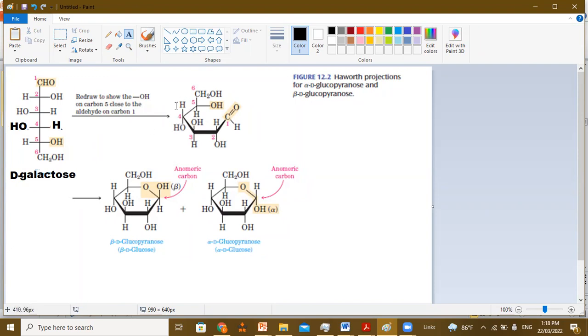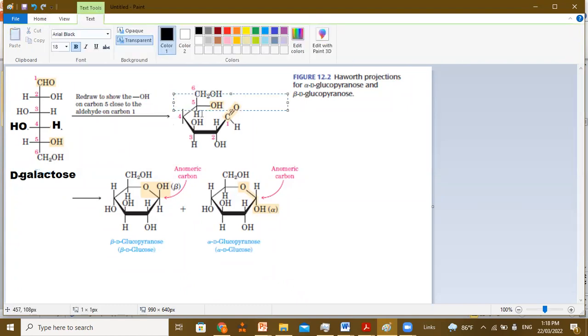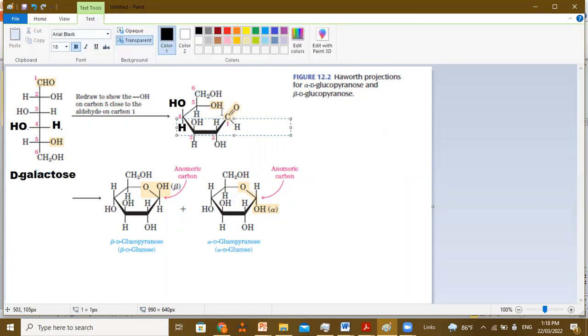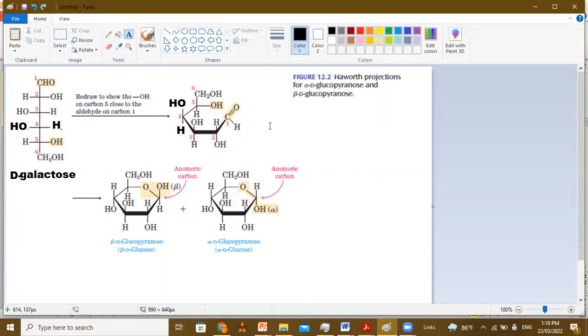So we'll erase this one for the galactose, and you will have your OH. Make sure that the bond is connected to oxygen and to hydrogen. So you have your hydrogen. So this is our galactose.